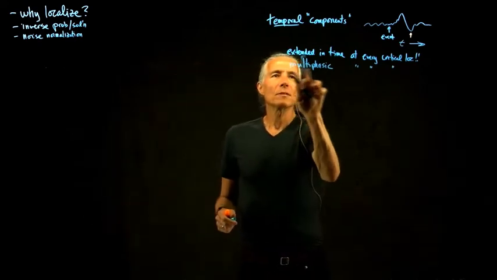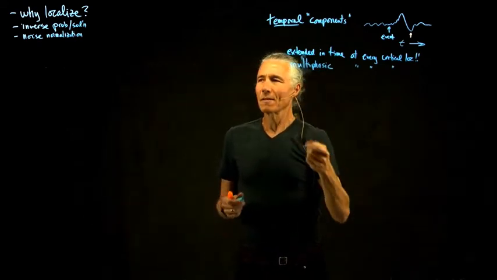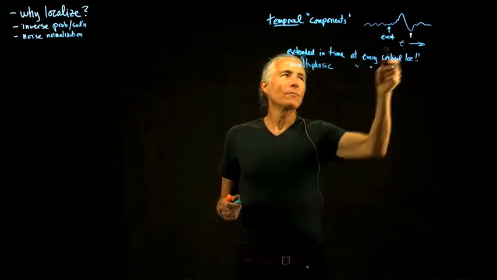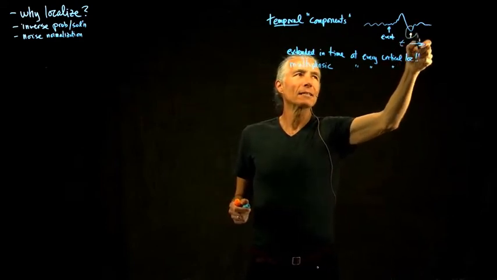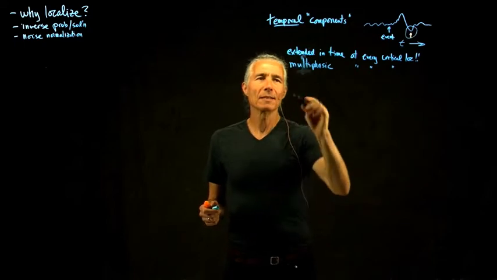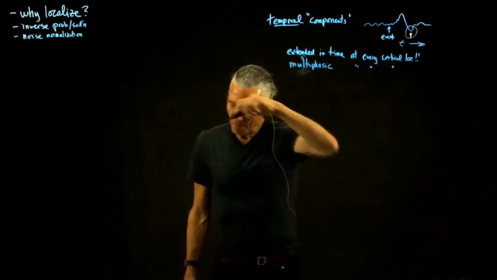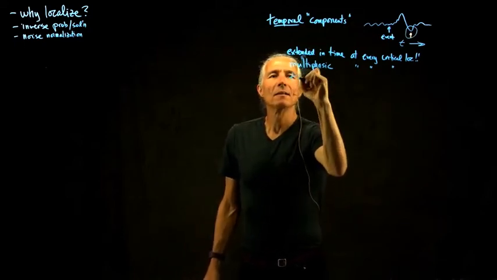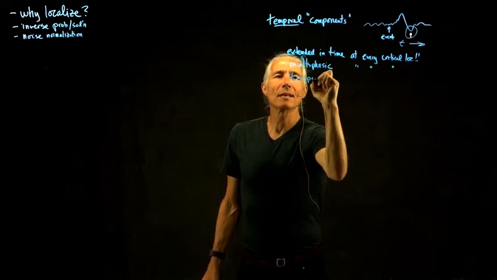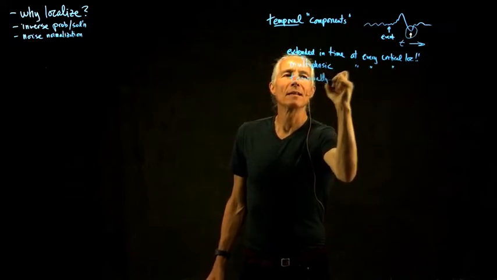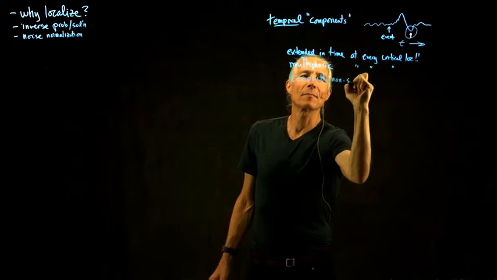But the part that's the most troubling from the point of view of viewing something like this as a component is that the actual signal is temporally non-static. What does that mean?